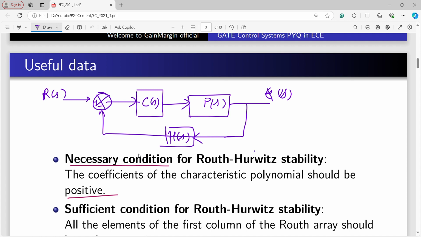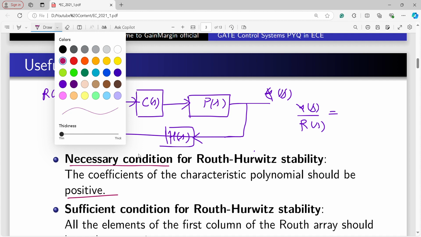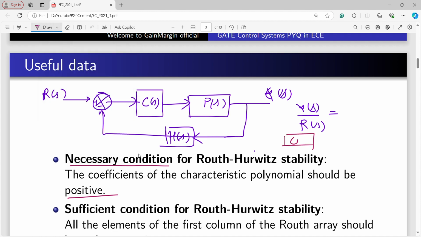So what is our closed loop transfer function, Y of S by R of S? For this we know the fundamental block diagram: this is G of S, and this is our H of S, with plus or minus. In a control system, from the stability point of view, we take a negative feedback system.